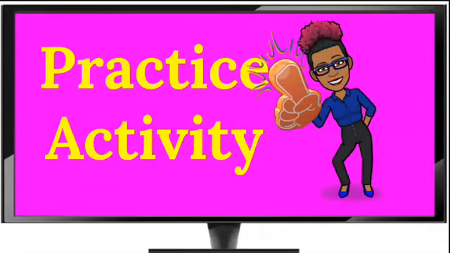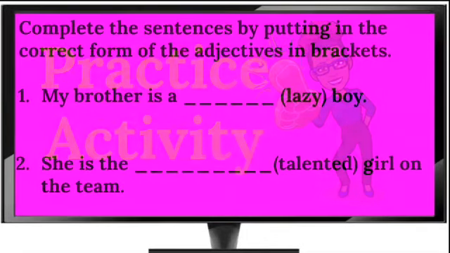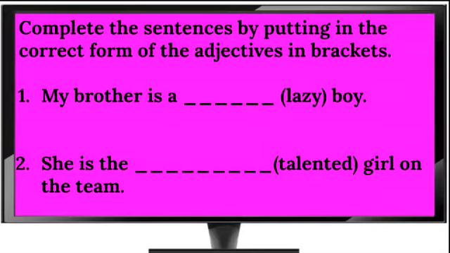Now let's do a practice activity, and let's complete the sentences by putting in the correct form of the adjectives in brackets. So here we have, my brother is a lazy boy. And we're using that word lazy in brackets.